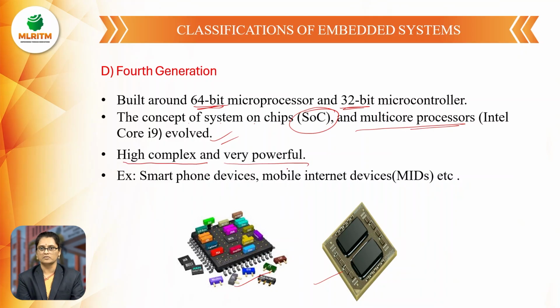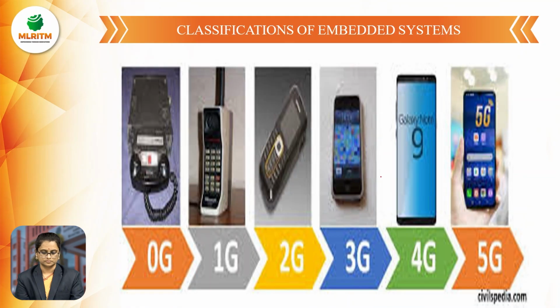Software and hardware complexity is very high compared to the previous generations. It is very hard and very powerful compared to the previous ones. Examples of fourth generation are smartphone devices and mobile internet devices.